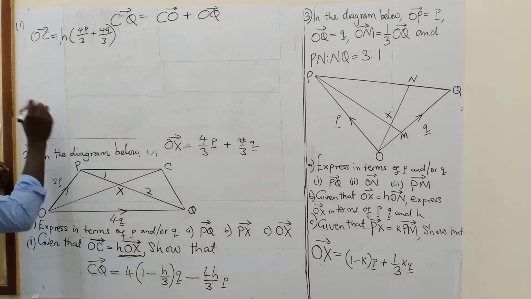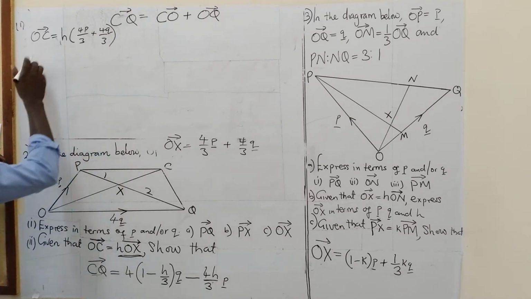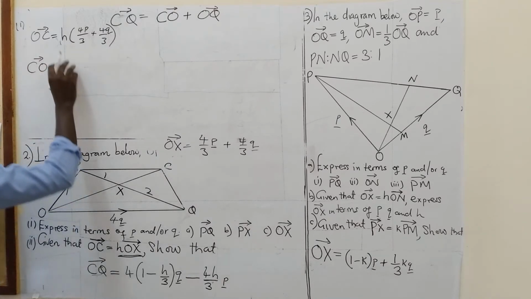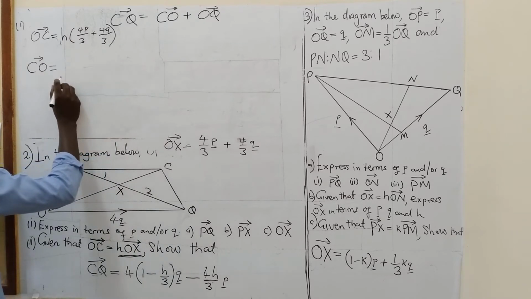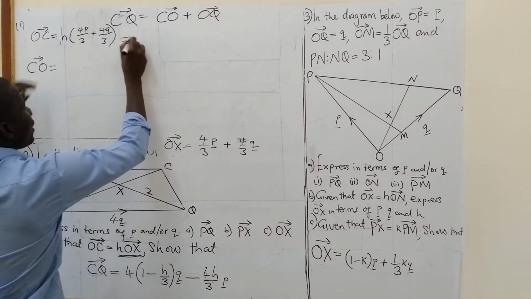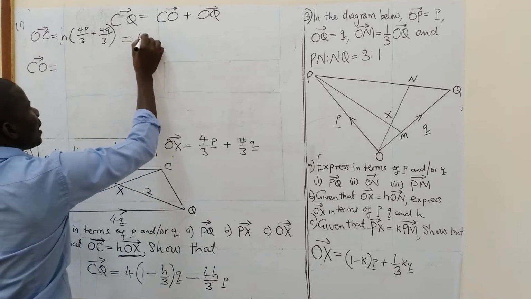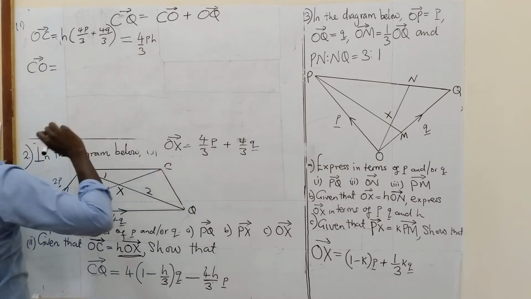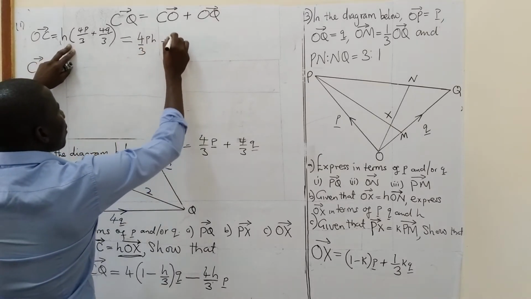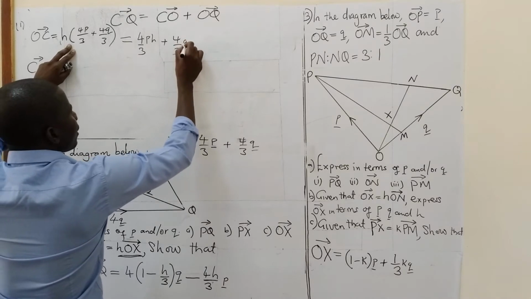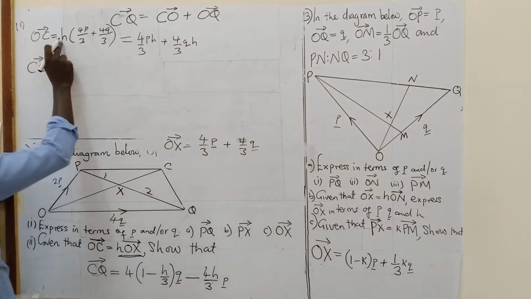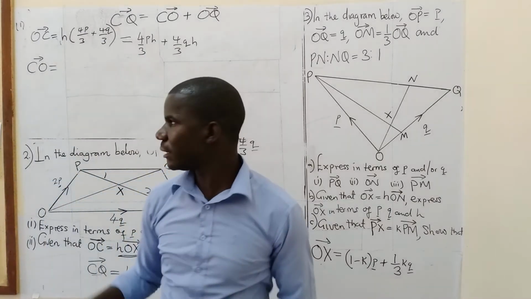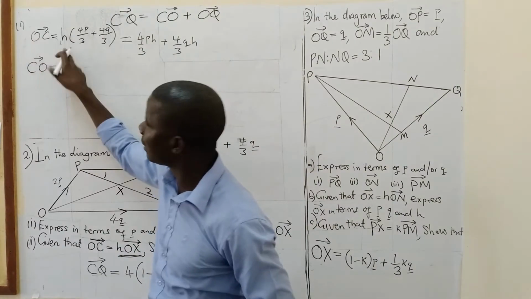Meaning the CO of this whole thing is the opposite, so we are going to have a minus. When you simplify and distribute the h, you get 4ph over 3 and 4 over 3 qh. This is what you are going to have on OC.